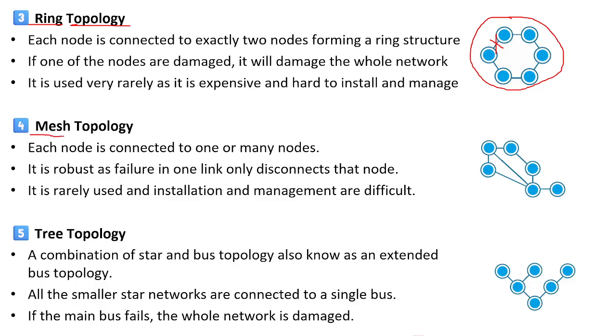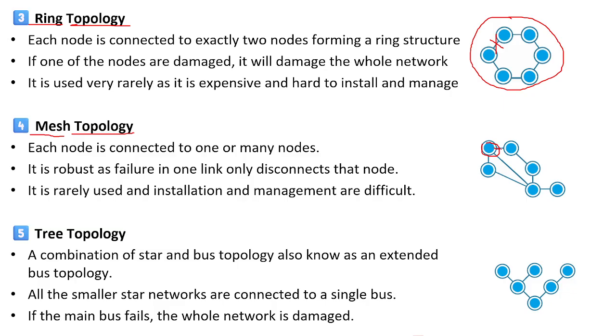Then we have the mesh topology. It is the most practical, applicable topology used in today's network area, where each node is connected to one or many nodes, as you can see.